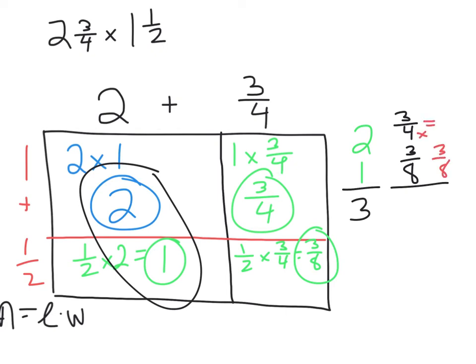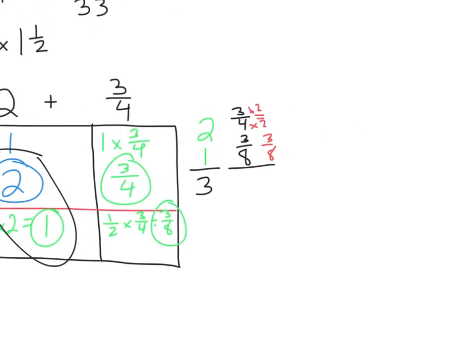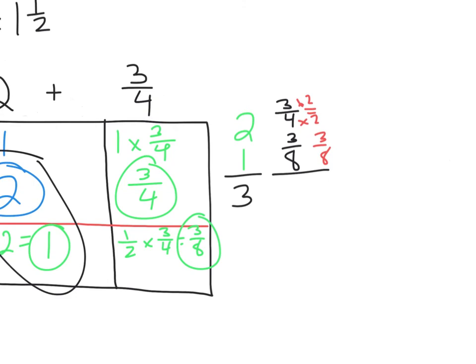But now here, I'm going to multiply each of these by 2 because I want to show that eighths piece. So now this becomes 6/8 plus 3/8. And if you remember from adding fractions in elementary school, the 8 stays the same. 6 plus 3 is 9. Now 9/8 is actually an improper fraction. So when I do this, 8 can go into 9 one time with 1 left over.